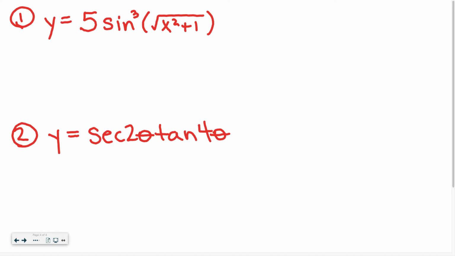No, x squared plus 1 starts on the outside of that.